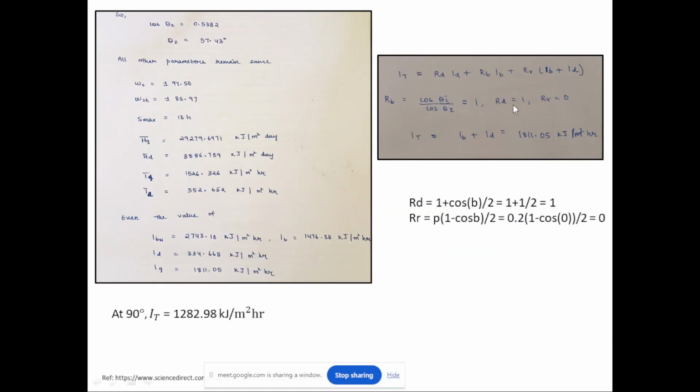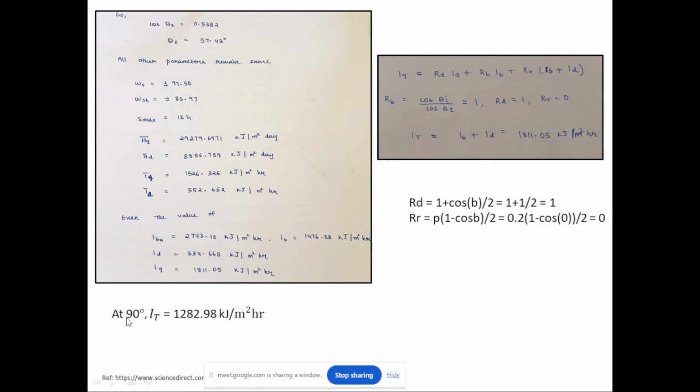Rr is 0, Rd is 1, Rb, since theta I and theta z are the same, is equal to 1. So it will be Rd Id plus Rb Ib, where your value of Ib is 1476.38 and your value of Id is 334.668. So the total value of It is 1811.05 kilojoule per meter square hour.